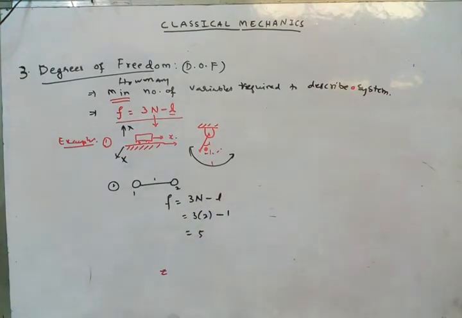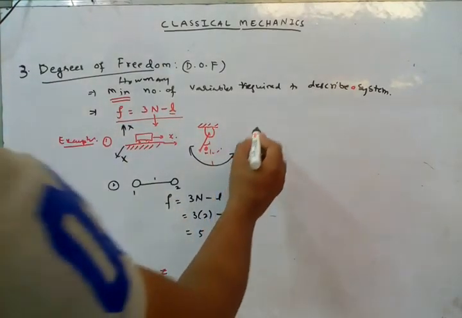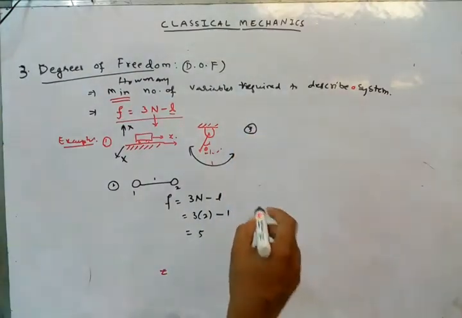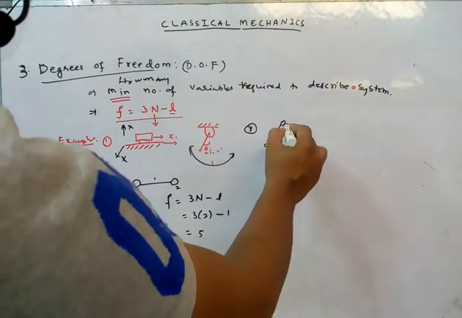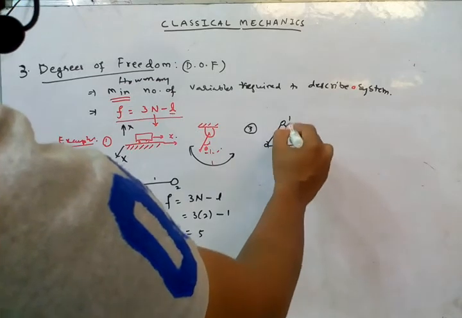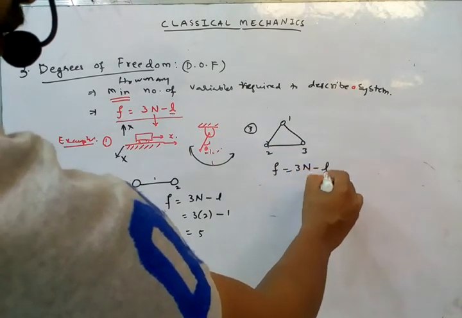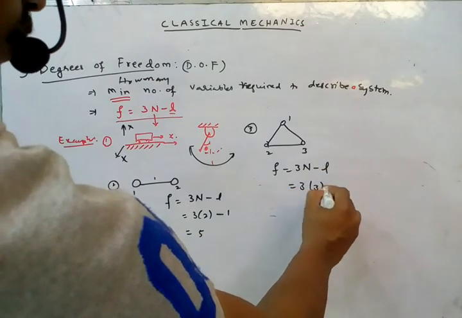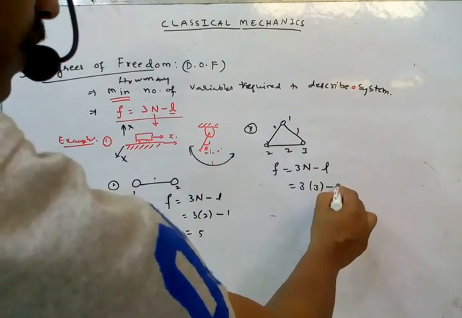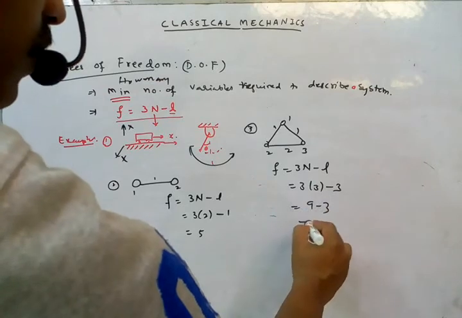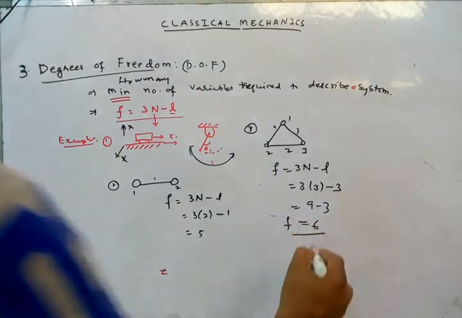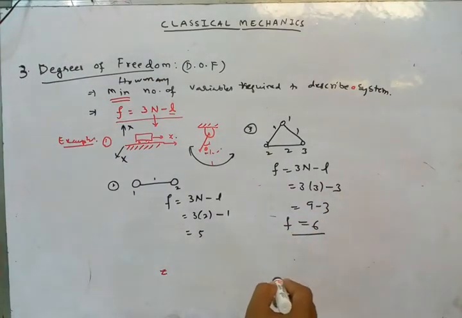There are 5 degrees of freedom for a two particle system. Take one more, a third example: a 3 particle system. The degrees of freedom is 3n minus L, which is 3 times 3 minus 3 constraints, that is 9 minus 3, so the degrees of freedom is 6.